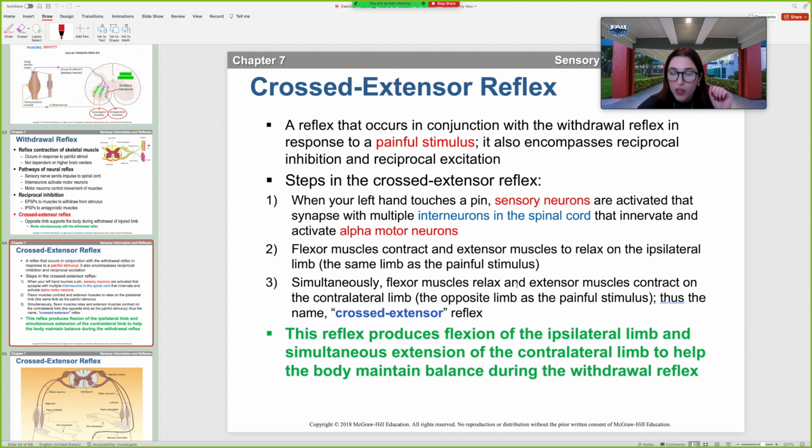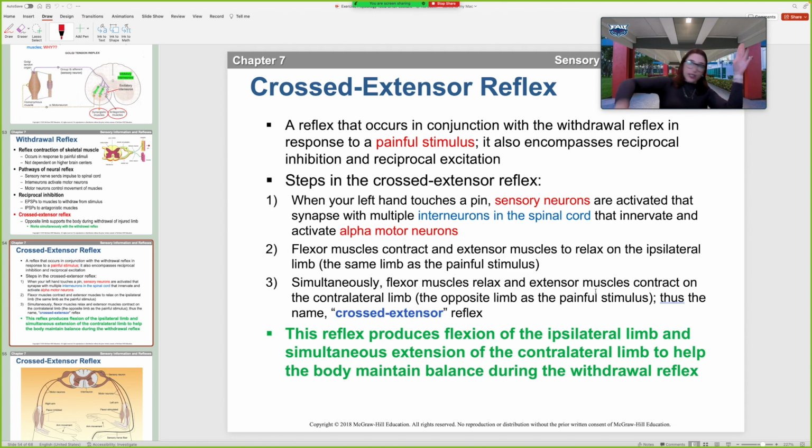Simultaneously, flexor muscles relax and extensor muscles contract on the contralateral limb, the opposite limb. Okay, so while this hand is on the hot stove and it withdraws, the other hand is going to contract the other muscles, right?